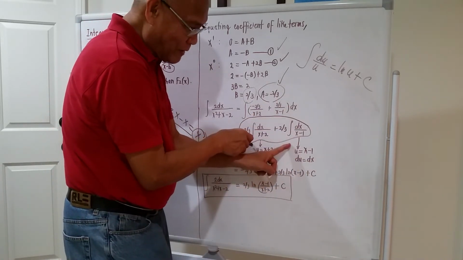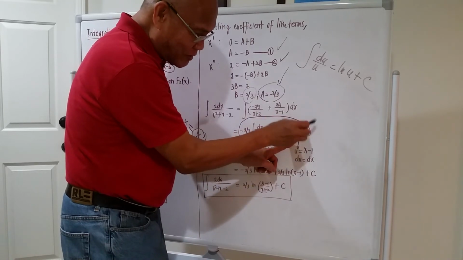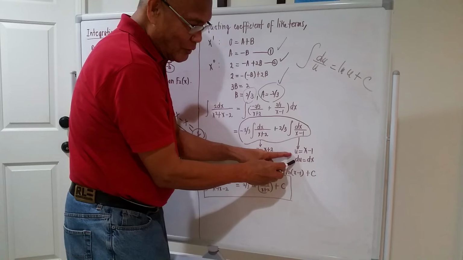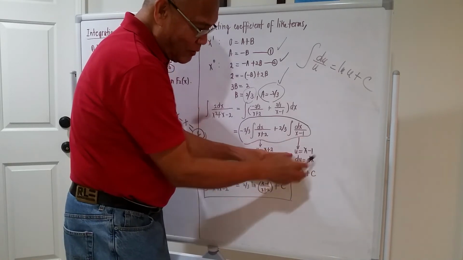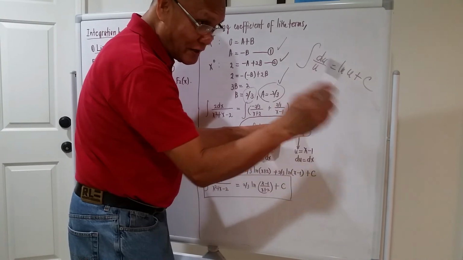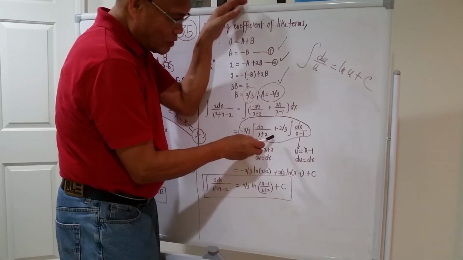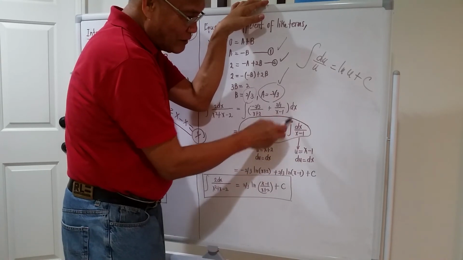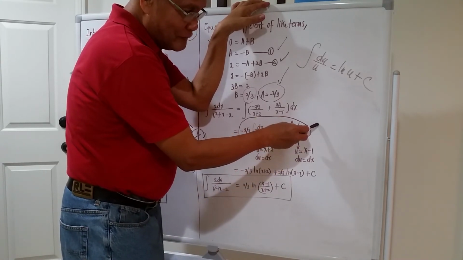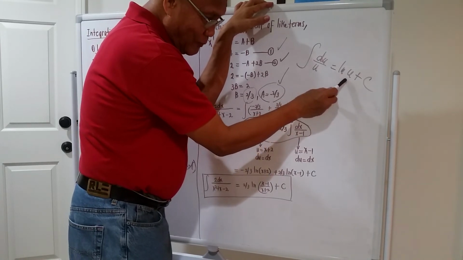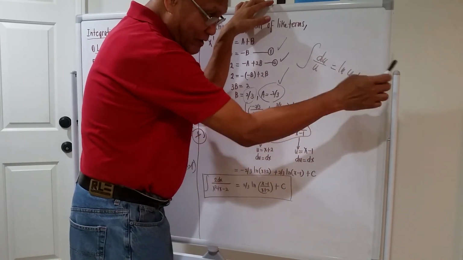This u is different from this u, okay? We are talking of this term here. u is x minus 1. du is equal to dx minus 0, or du is simply dx, exact. So this falls under natural logarithm. And this is the solution. Take the natural logarithm of u for both terms, plus c, that's the answer.